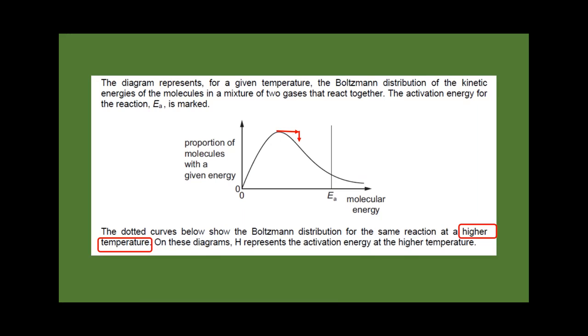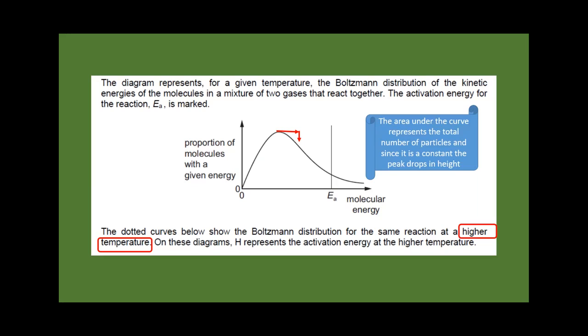Next point, the peak will drop in height. This is because the area under the curve, so all this area under the curve, represents the total number of particles. Since the total number of particles is a constant, the peak will drop in height.